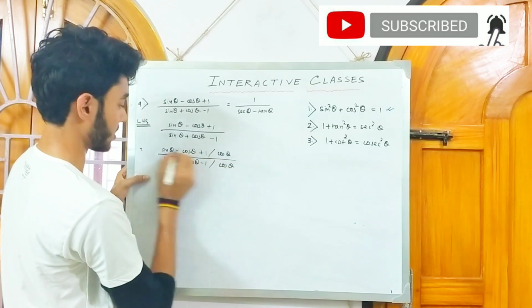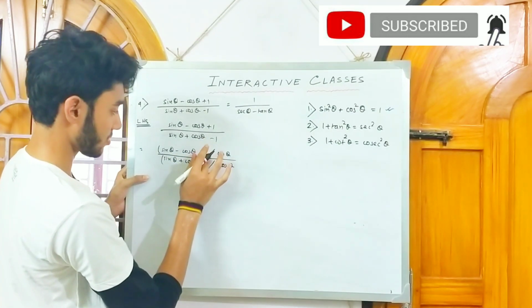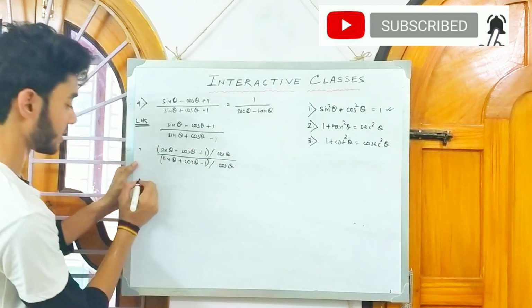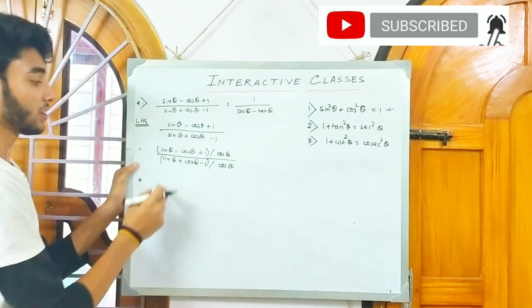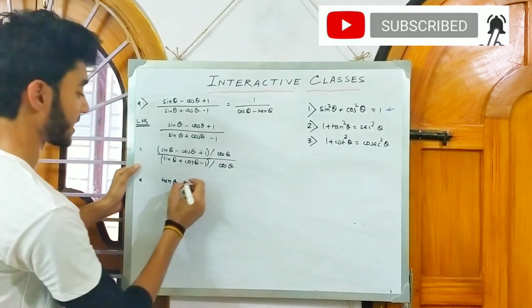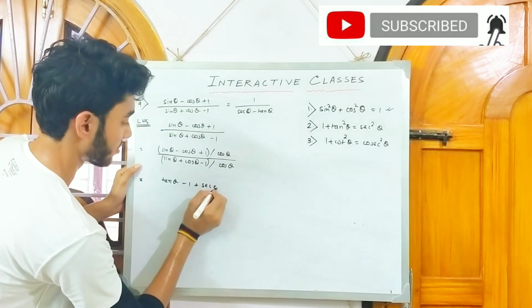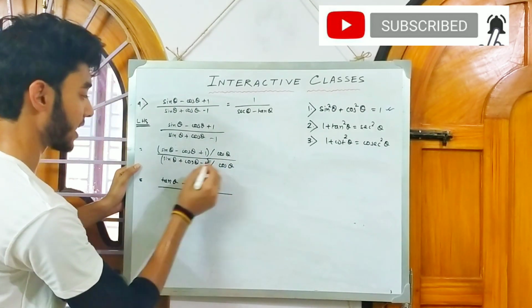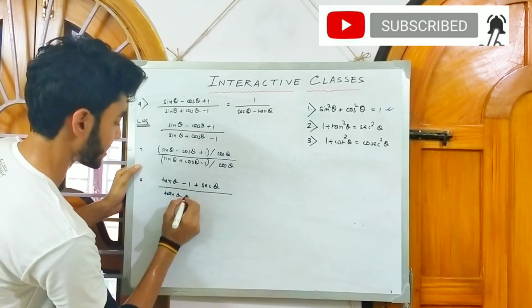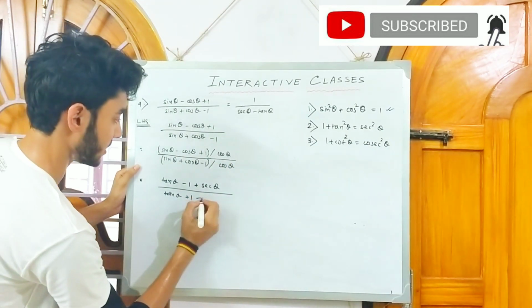Now sin theta by cos theta is tan theta, cos by cos becomes 1, and 1 by cos theta is sec theta. Similarly here also, sin theta by cos theta is tan theta, cos by cos becomes 1, and 1 by cos theta is sec theta.